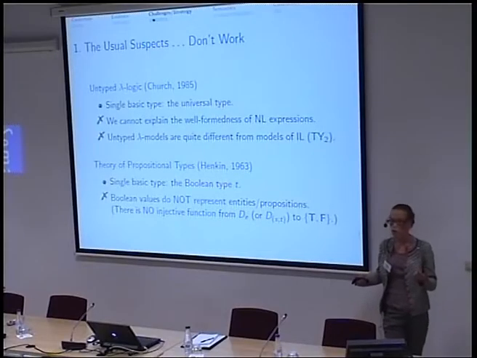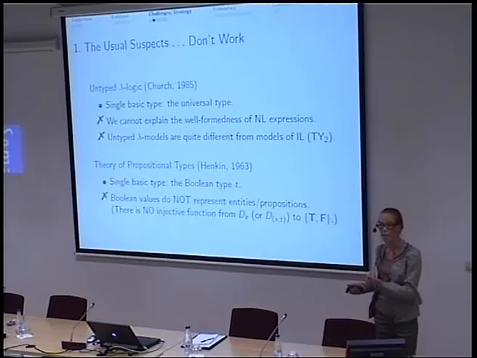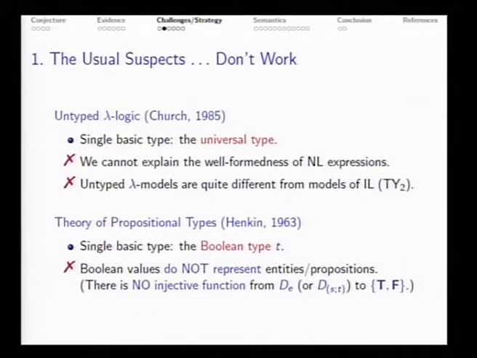The problem is that typically, of course, we have fewer Boolean values than entities or propositions, such that there doesn't exist an injective function from the domain of entities and propositions to a 2 or 3 member set of truth values. And as a result, we seem to be unable to provide a principled representation of basic Montagovian objects in our basic single-type objects.